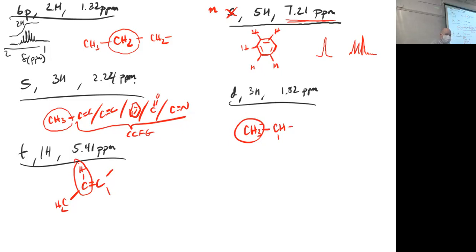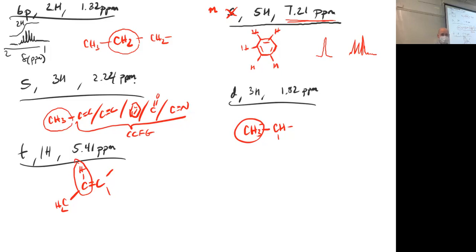1.82 is kind of in the middle of nowhere. It's not really a range that we have. So this CH3 is not next to a carbon containing functional group, and it's not next to an O, N, or X, but it is higher than an alkane should be. So it's probably 2 doors down from something. 2 doors down from an O or an N or an X would shift it up by about a half, which seems about reasonable.